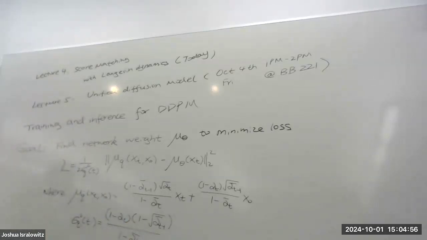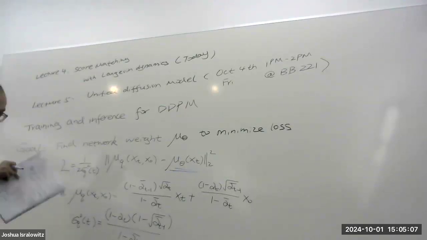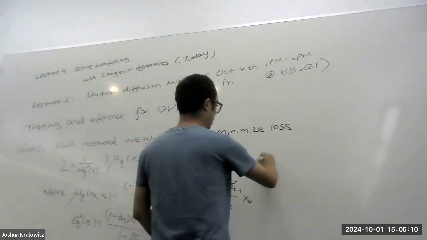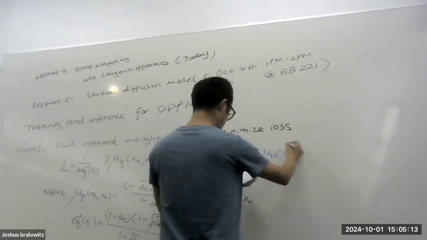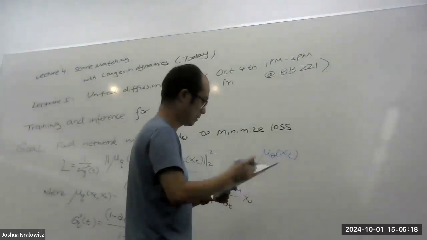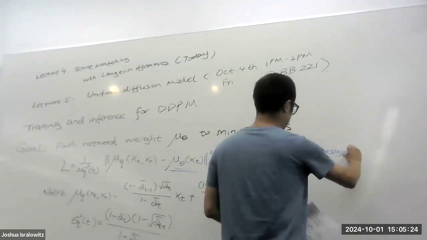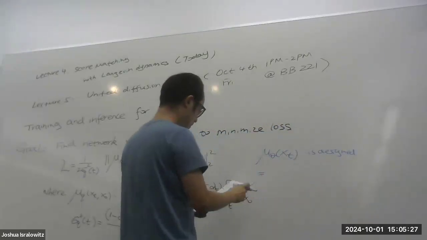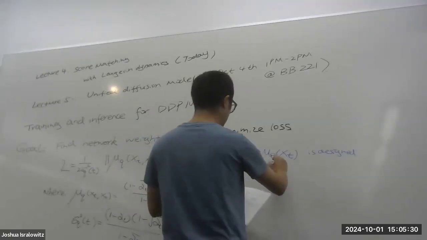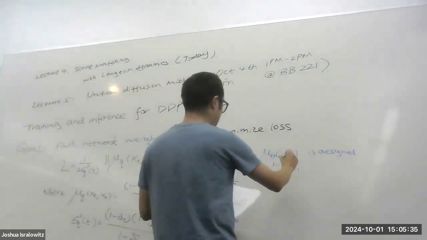Okay. So a common trick that we use is we don't design this neural network directly on this one. The common trick is we design this whole thing, because we know xt. So it is designed like that. 1 minus alpha. So we know all these terms of alpha t bar, all these terms.